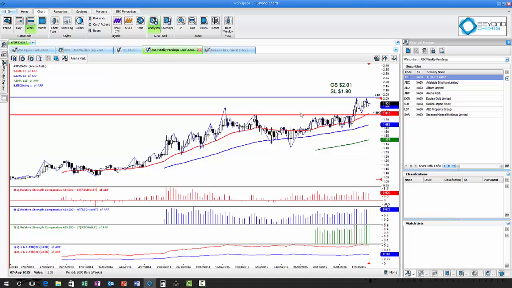ARF, this is one that's been on the watch list for a couple of weeks. It hasn't triggered. In actual fact, this last week it developed a short-term downtrend. So a little bit like the earlier stock, JB Hi-Fi, in that we've now formed a lower medium-term peak. And wherever this new trough ends up developing, it's certainly going to be lower than where it currently is.